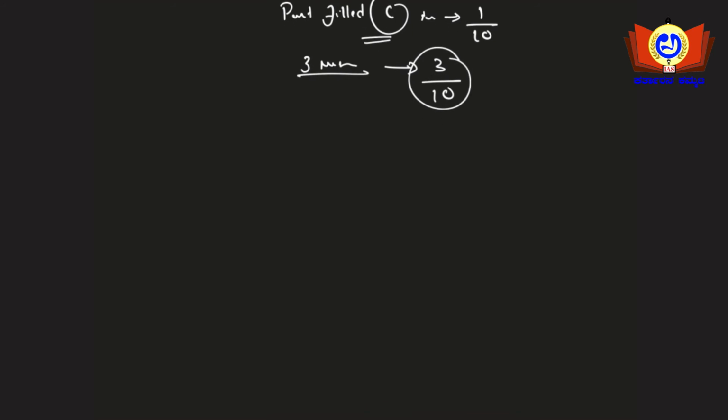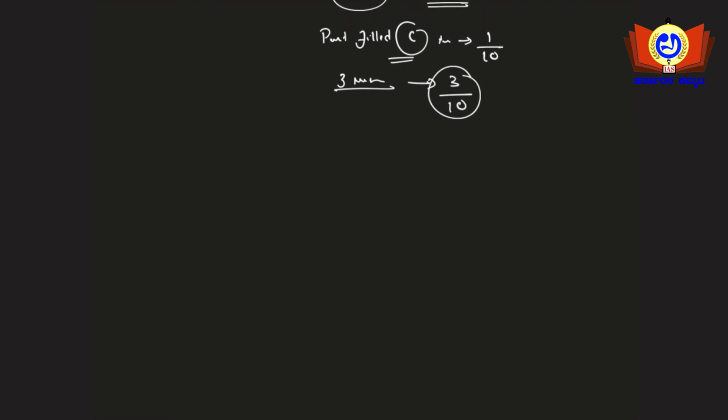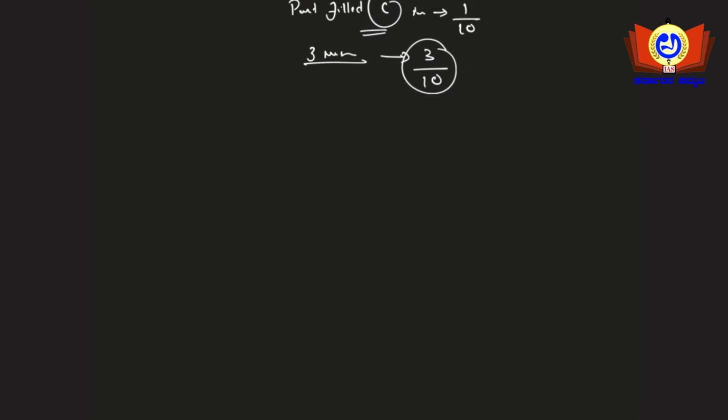So they have asked the ratio of inlet C upon total liquid, right? They have asked the ratio. So what is the required ratio here? The required ratio will be 3/10, this is the part by C, upon 11/20.